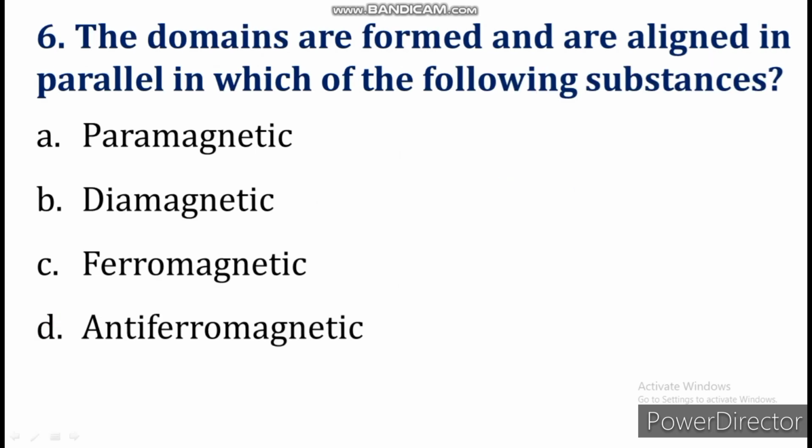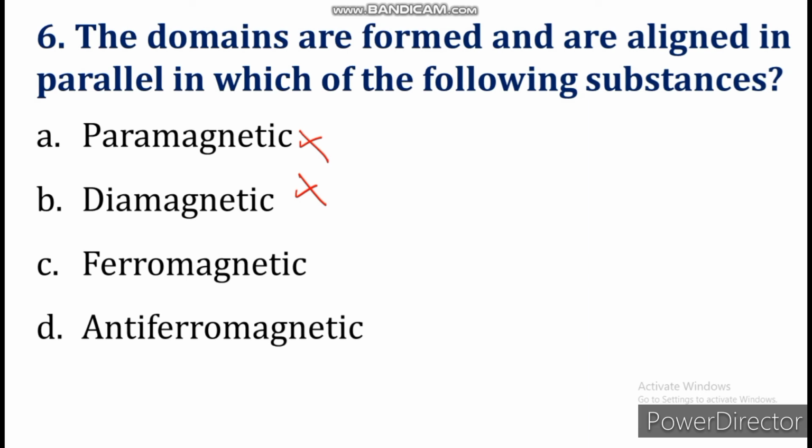Now let's see the sixth question. The domains are formed and aligned in parallel in which of the following substances? In paramagnetic and diamagnetic substances, domains are not formed at all. Domains means grouping, and grouping is not done in paramagnetic and diamagnetic.